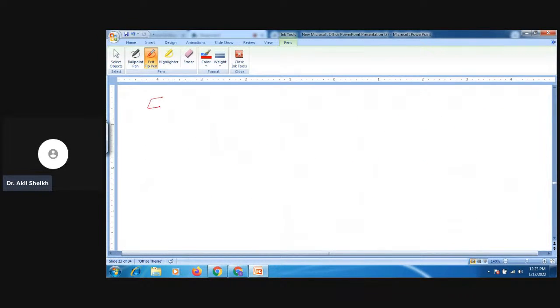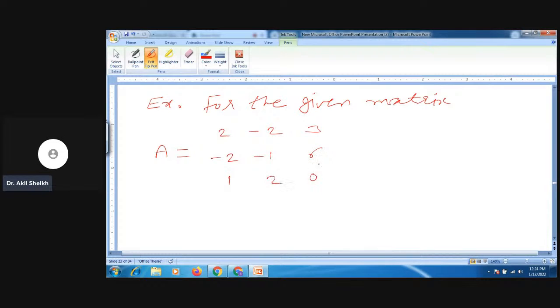Next example here. For the given matrix, matrix A is given: 2 minus 2 3, minus 2 minus 1 6, 1 2 0.